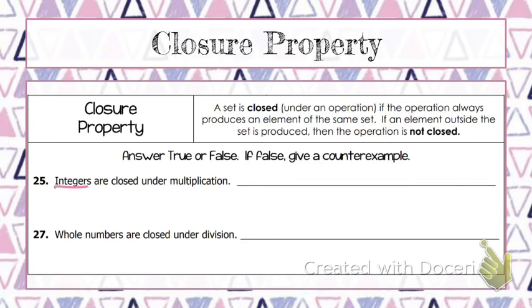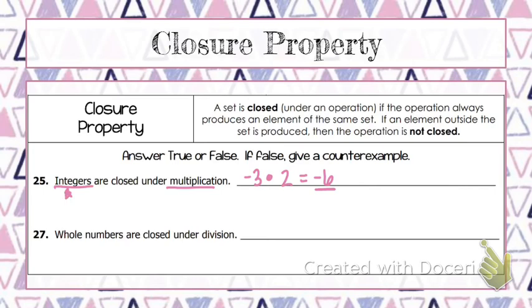So this says integers are closed under multiplication. So if I take 2 integers, it doesn't matter what they are, let's say negative 3 and 2, and we multiply those, we're going to get negative 6. The question is, is negative 6 still an integer?